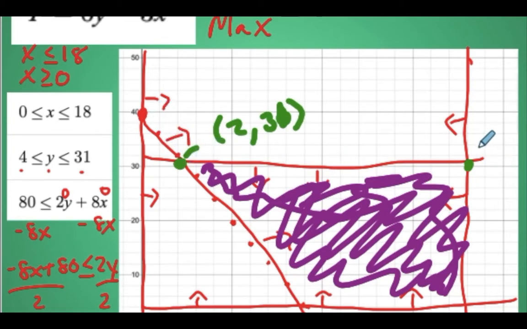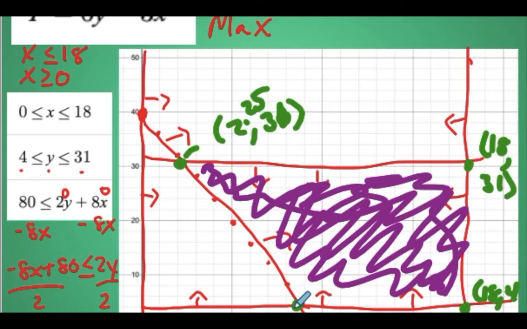Then I've got 18, 31. 18, 4. That one's hard to tell. Ooh, now that I'm looking back at this coordinate, this would actually be at 2.25, comma 31.